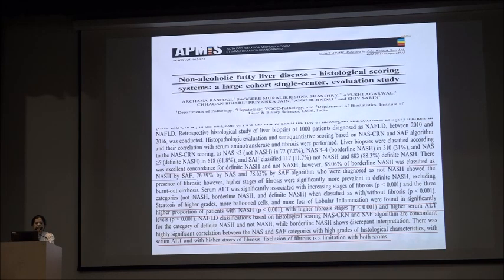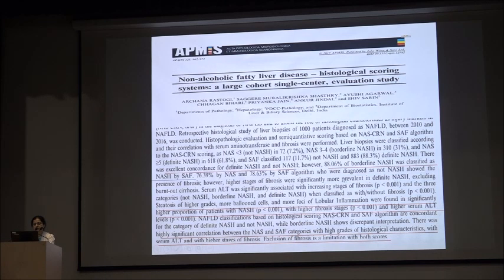So this is another very big study from our center only, ILBS, and in this study there was a case database of over 1000 cases, and both morphological scoring systems were compared in their efficacy for predicting and diagnosing NASH and correlation with the clinical profile of the patient. It was observed that there was an excellent concordance for definite NASH and not NASH categories between both scoring systems.